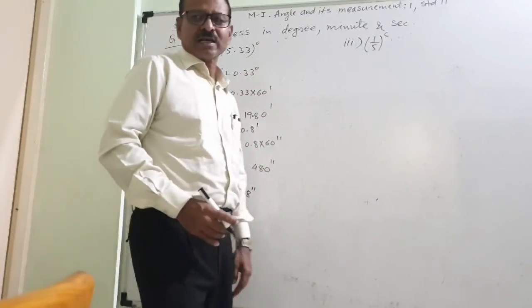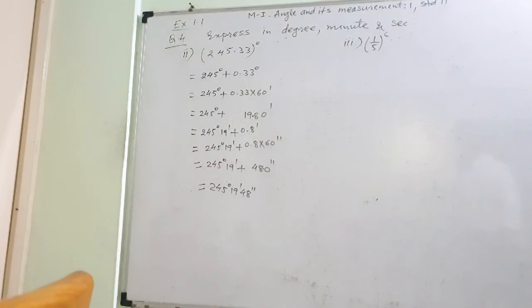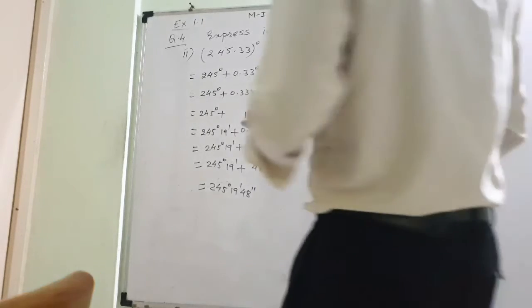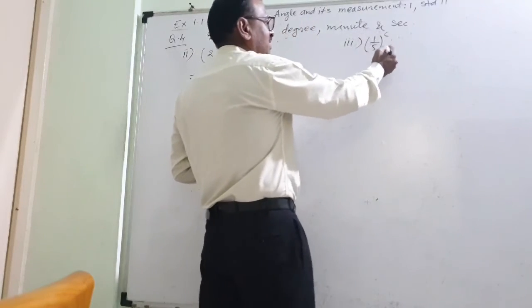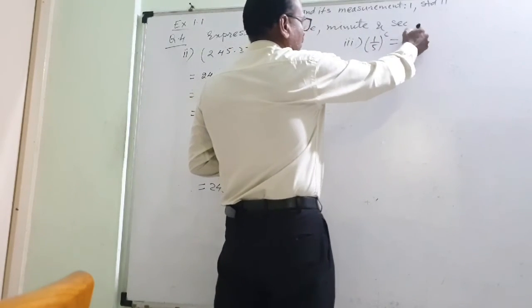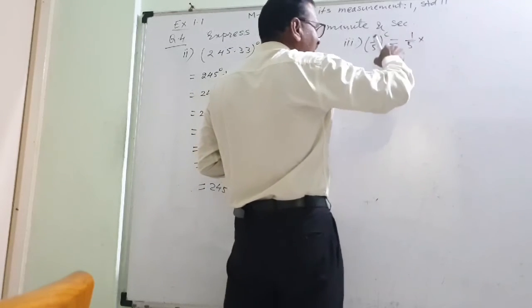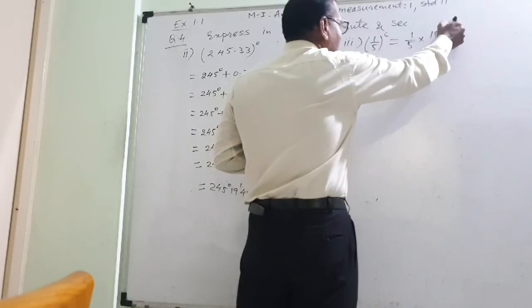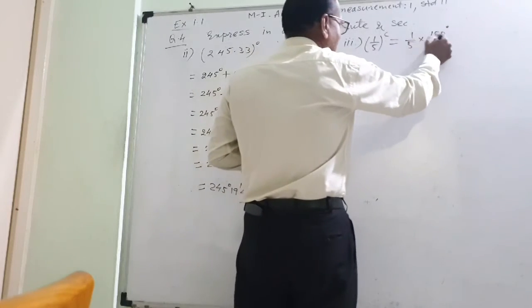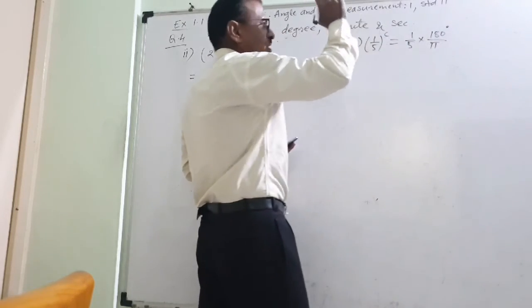Now for this, I will use the calculator. You won't, but I will. I will use my mobile calculator. So first of all, I have to convert this into degree. 1 upon 5 into degree I want, so 180 degree I will take up and radian, this pi I will take down.